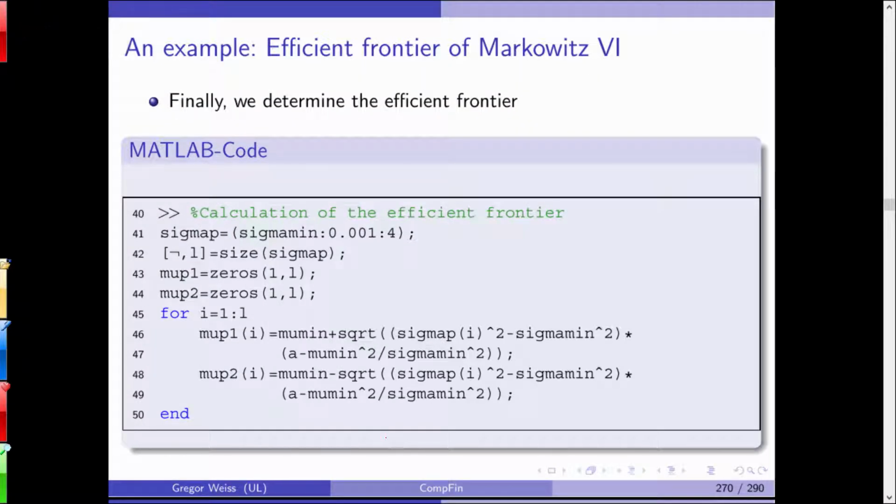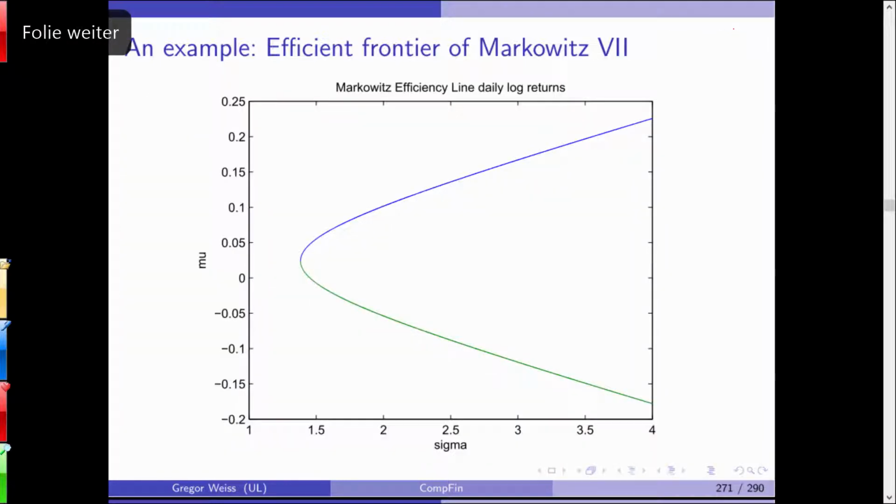Now, we also have the equation, the definition for the efficient frontier. So sigma p and mu p1, mu p2, it's quite simple. You simply calculate all those different efficient portfolios. So you start with the minimum variance portfolio, you take the equation, insert the parameters, and you try to calculate this. And in fact, it looks like this.